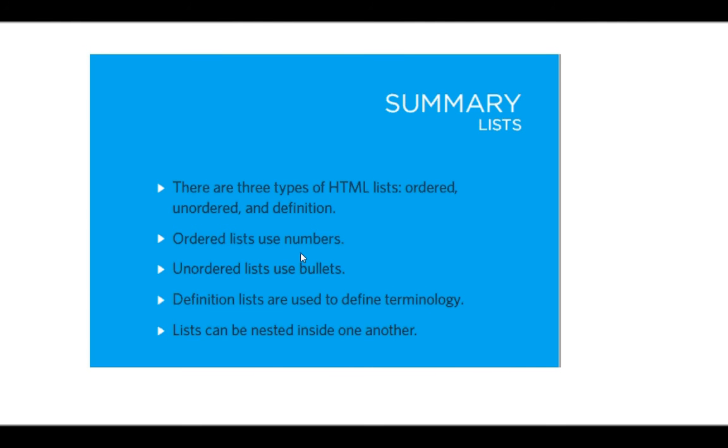Lists can be nested inside one another. This is the main thing we should understand: ordered lists are used for numbers, unordered lists for bullets, and definition lists to define terminology, and lists can be used as nested lists.